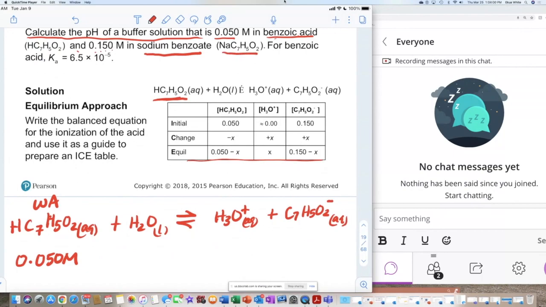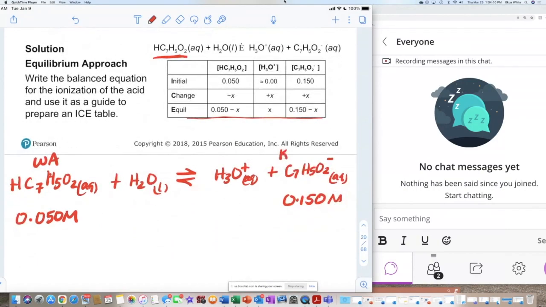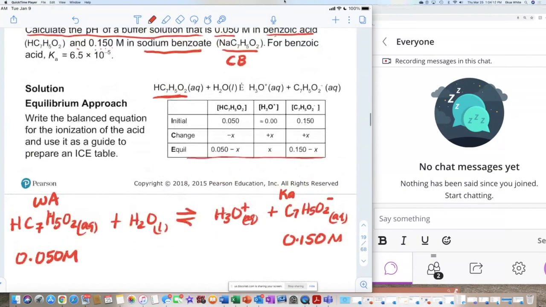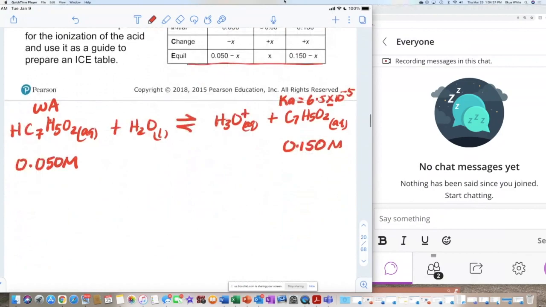I recognize this as the conjugate base. They gave me the Ka for the equation I just wrote to be 6.5 times 10 to the negative 5. Since I'm illustrating the Henderson-Hasselbalch equation, I'm just going to write this down here.